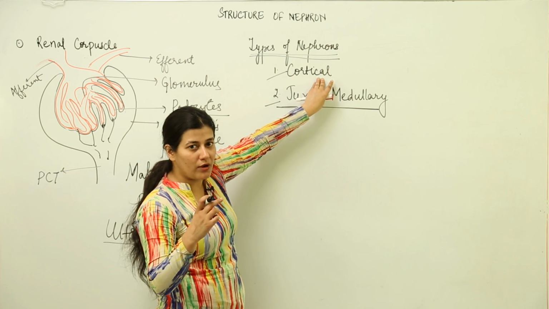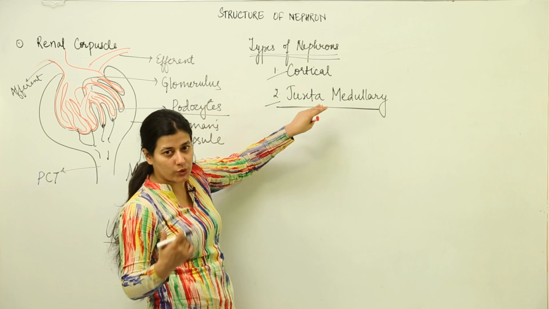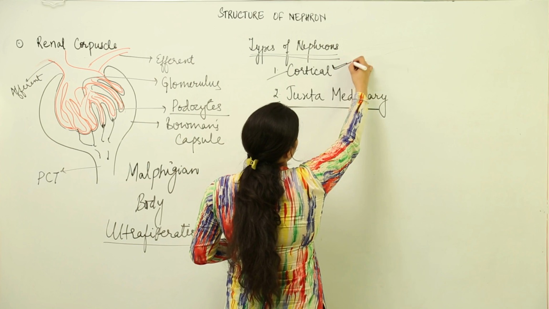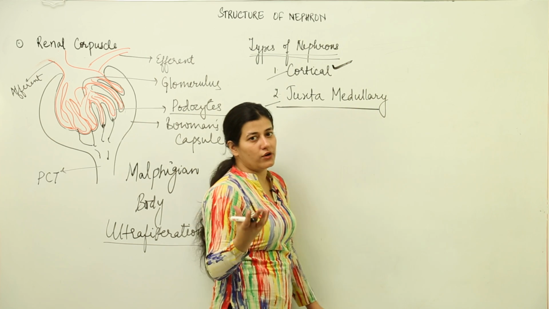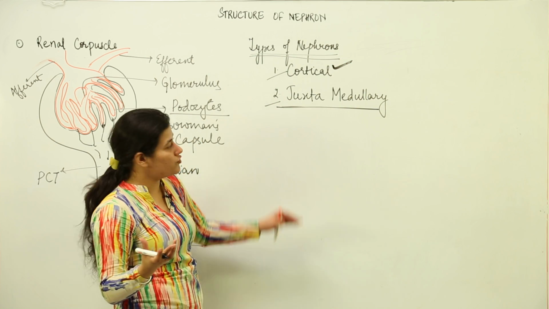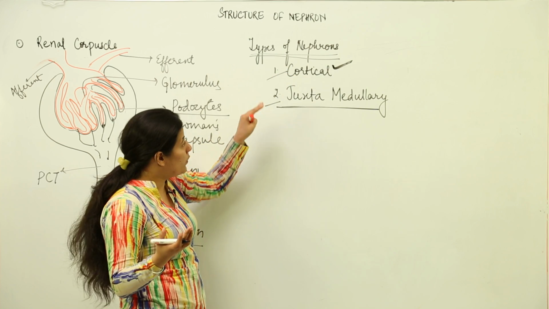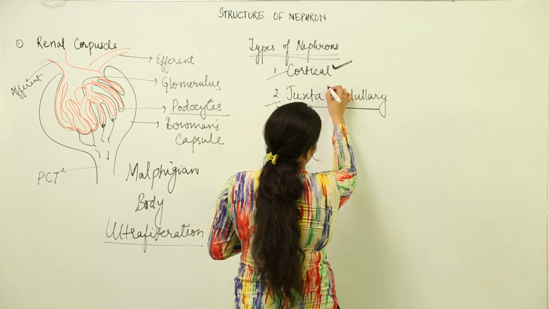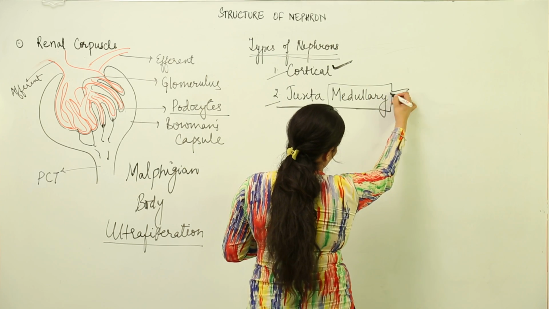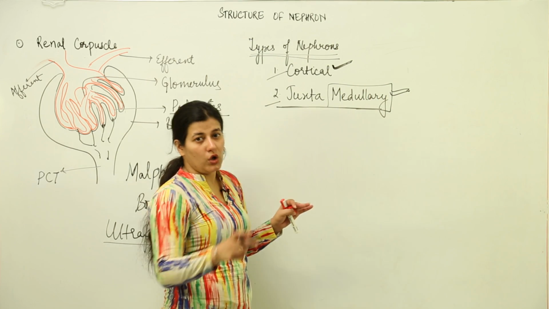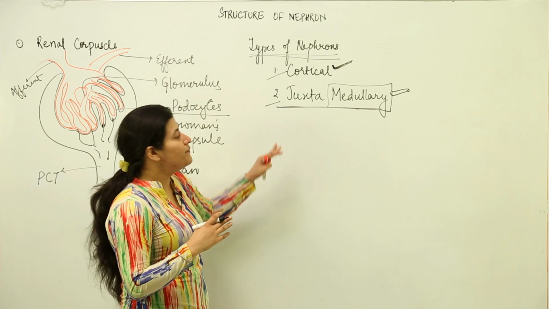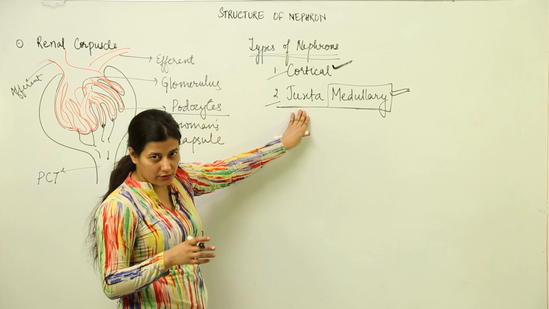That means a small amount of loop of Henle descends into the medulla of kidney. The nephron would be known as cortical nephron, which suggests that maximum part of the loop of Henle and the nephron would be present in the cortex itself. When it extends deeply into the medulla, then the name over here suggests juxtamedullary. The nephron will have a longer loop of Henle extending greatly into the medulla, that would be known as juxtamedullary nephron.